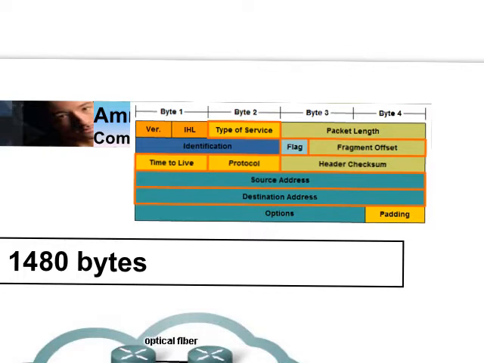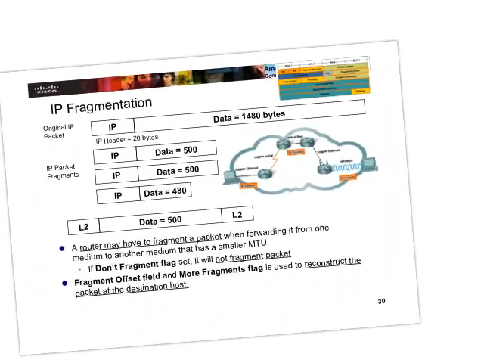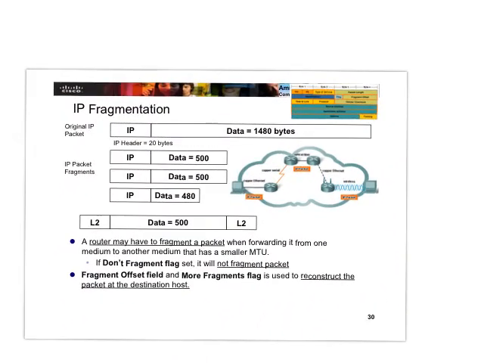So I need to know if there is any lost fragment. That's why I need 3 fields, and we'll see now how these 3 fields work together to facilitate this. The fragment offset field and more fragments flag are used to reconstruct the packet on the other side.